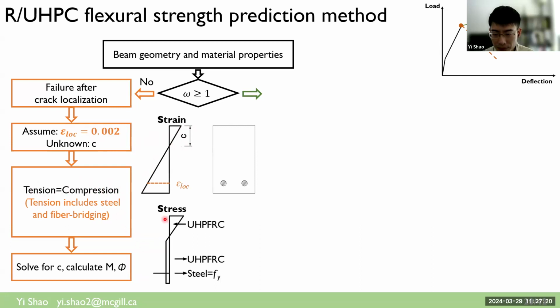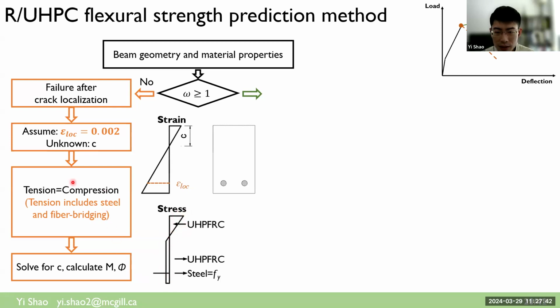So a few things to note: we need to consider the UHPC tension force on the tension zone, and UHPC in the compression side may not reach its full compressive strength, so it may be in the linear elastic region. So we should not use a full compressive strength here.